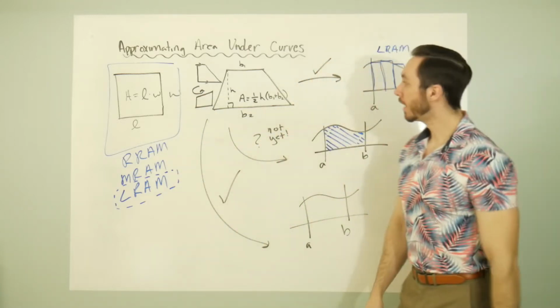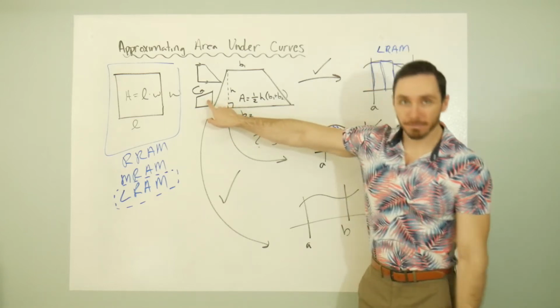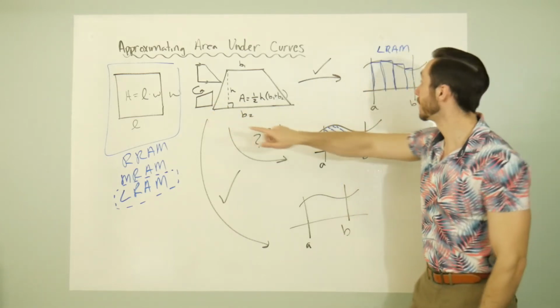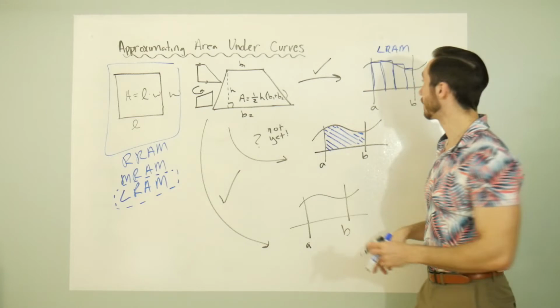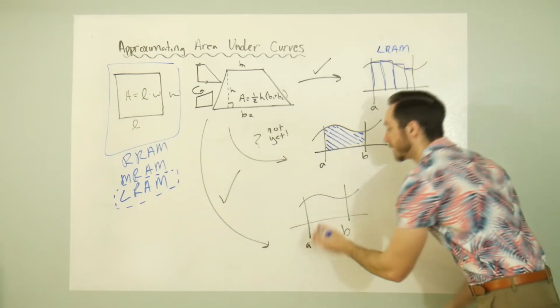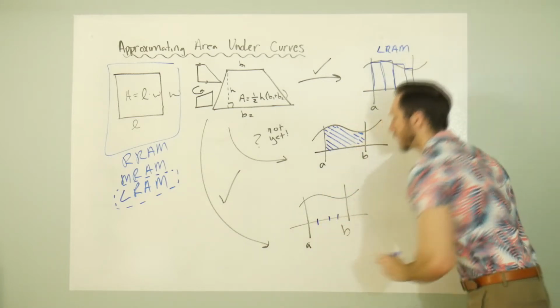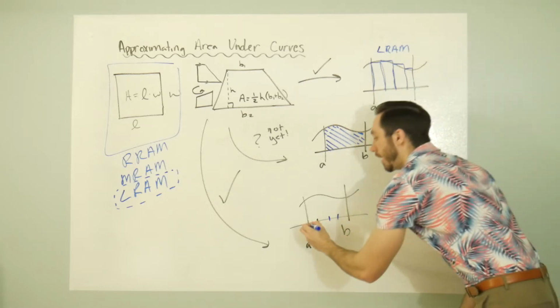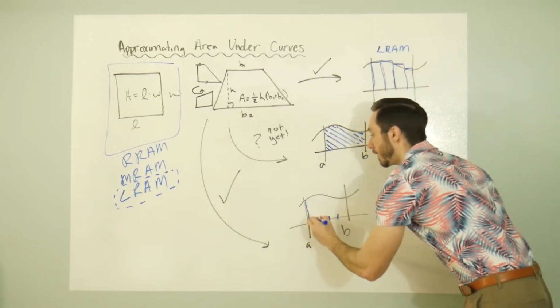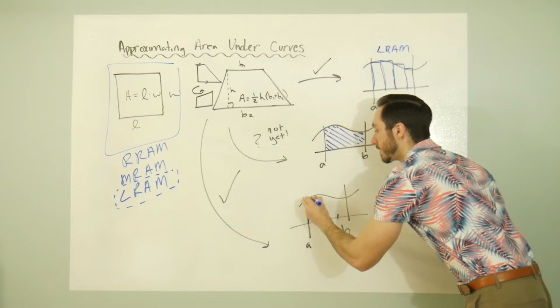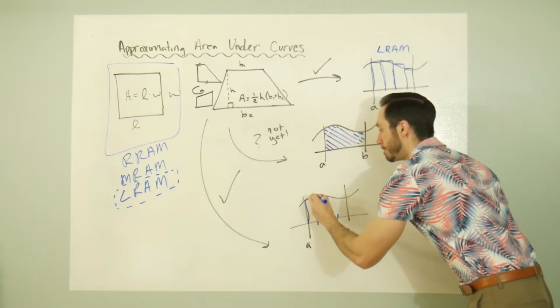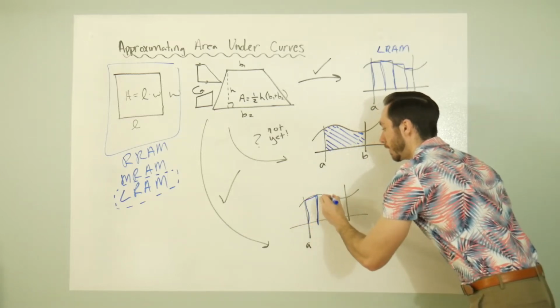And all of a sudden, we can start getting a little bit closer in our approximation to the actual area underneath this curve. So maybe I ask the same number of subintervals. And now when I draw these shapes, it's starting to match the curve a little bit more.